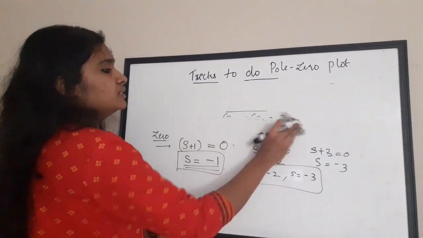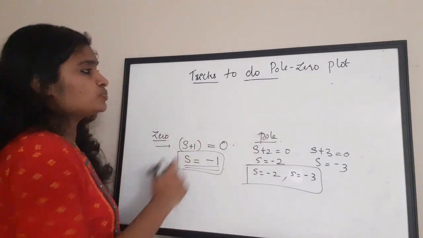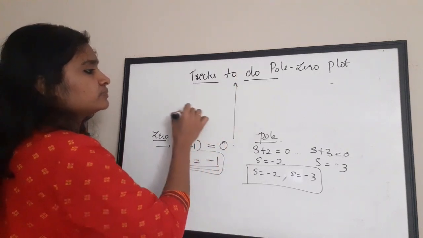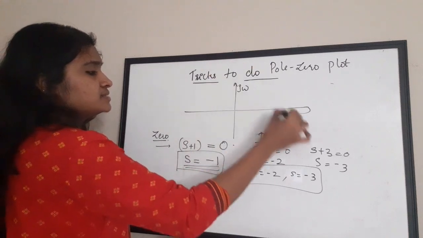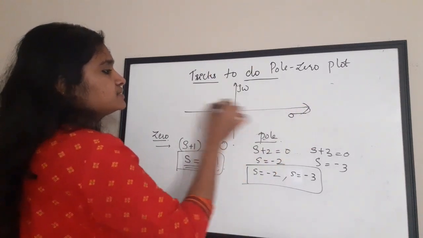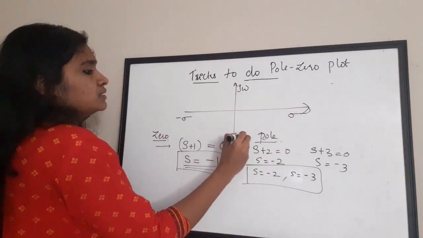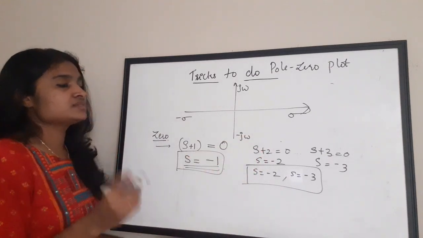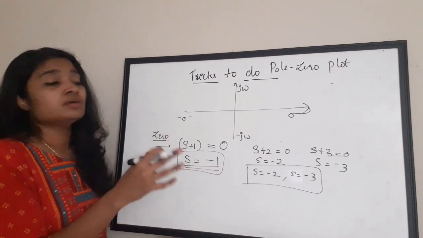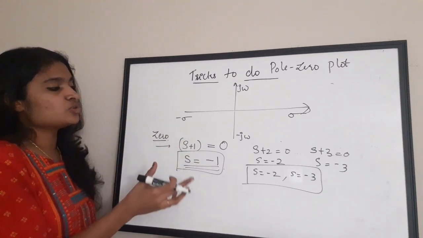This is a continuous time system and I am going to plot my pole zero plot. There are two axes: an imaginary axis and a real axis. This is actually a very basic thing, anyway, I am just demonstrating how to do the pole zero plotting. First I am going to draw my zero.